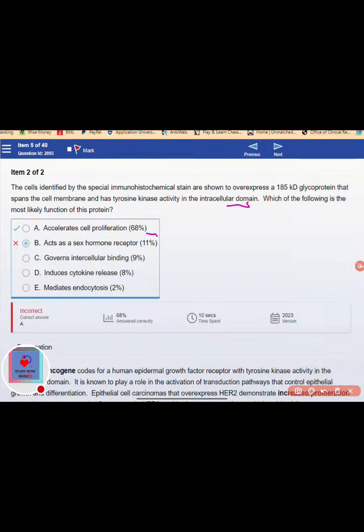Which of the following is the most likely function of this protein? Accelerated cell proliferation, acts as a sex hormone receptor, or intracellular binding induces cytokine release and mediates endocytosis.